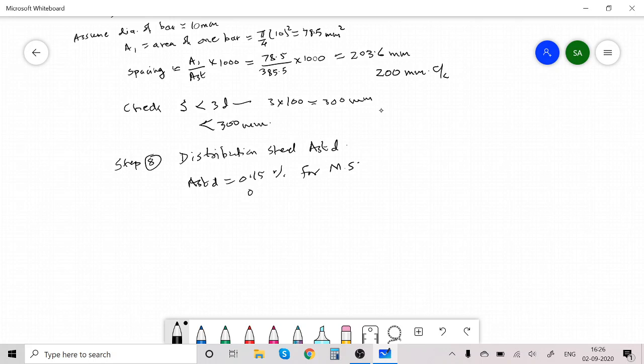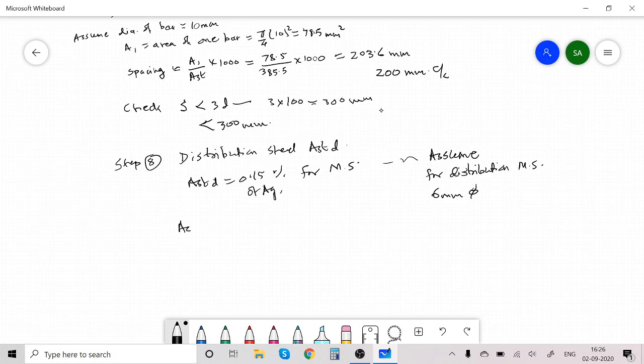Let us assume for distribution mild steel is used, that is 6 mm diameter bar.